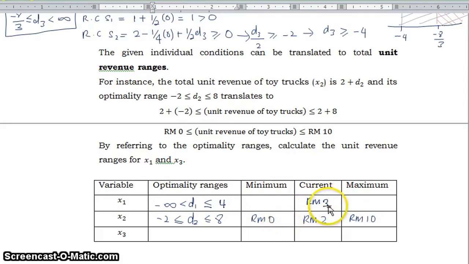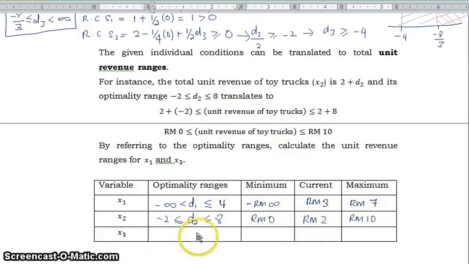So, Toyco can reduce the price of X1 until negative infinity, and can increase the price or revenue for toy train until 7 ringgit.